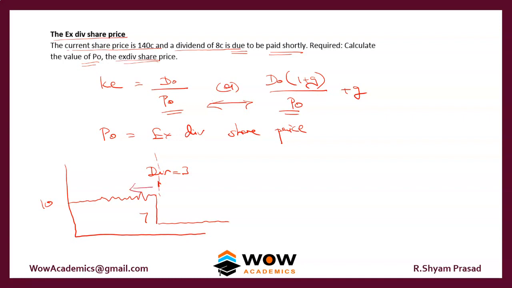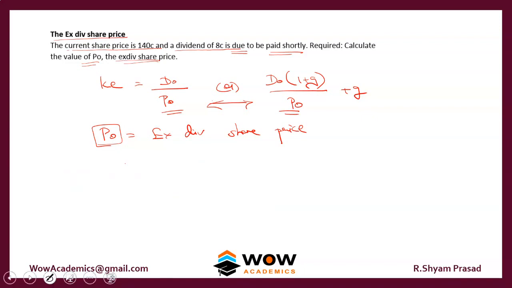Before this it's called the cum dividend price, and after the declaration of dividend it's called the X dividend price. While computing the problem, should you take the cum dividend price or the X dividend price? You should take the X dividend price. You have to find out the X dividend price and then use that as the P0 in the formula.